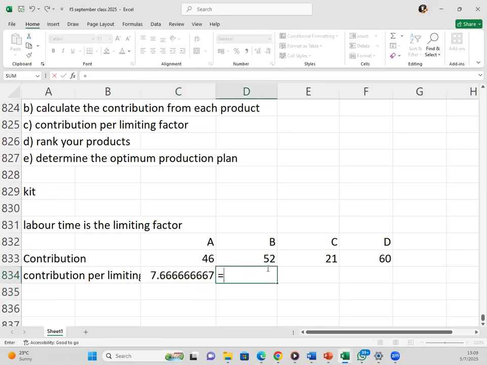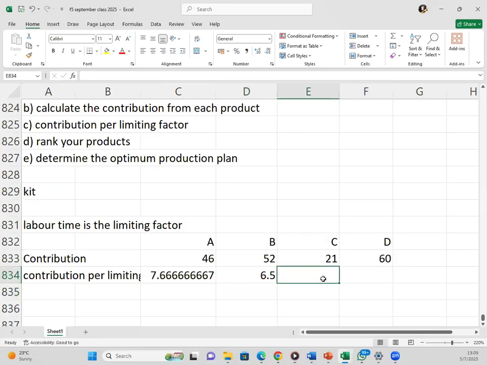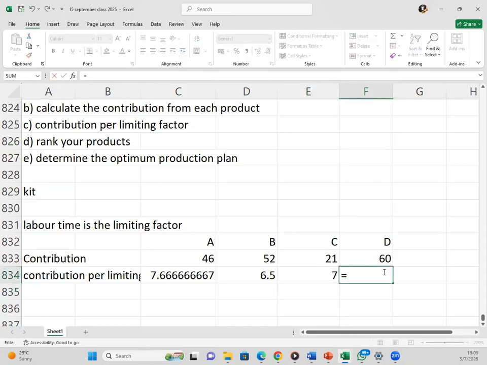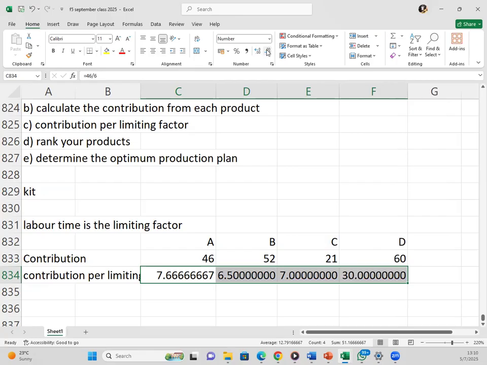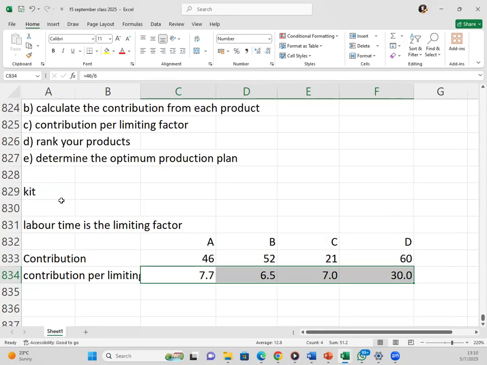So it means for every hour, this is the contribution we are getting.